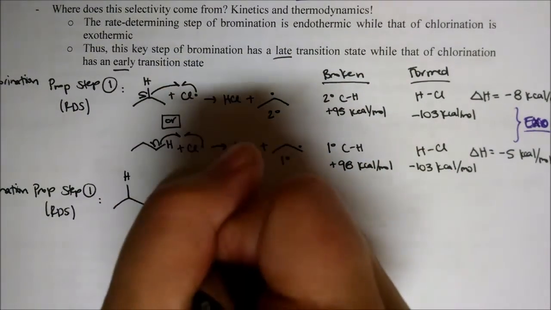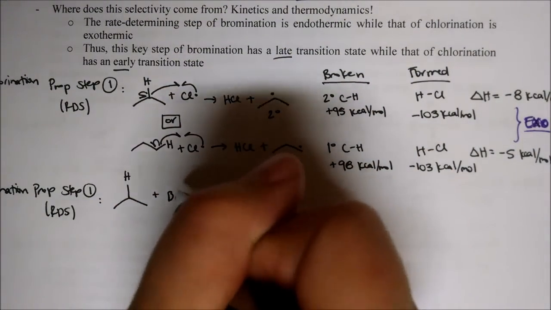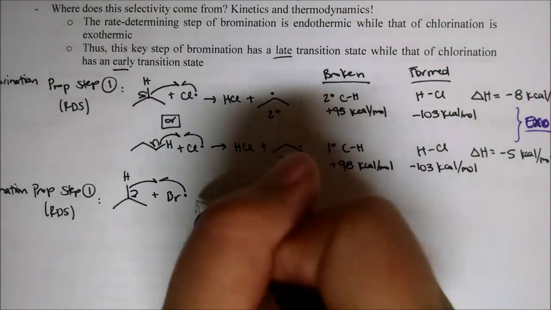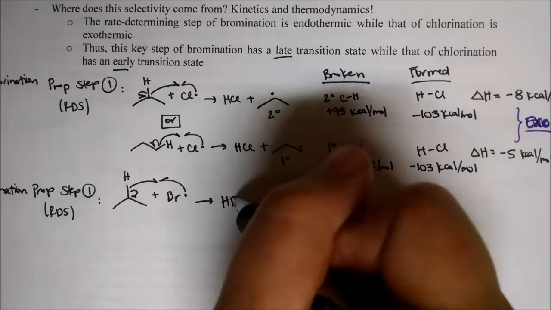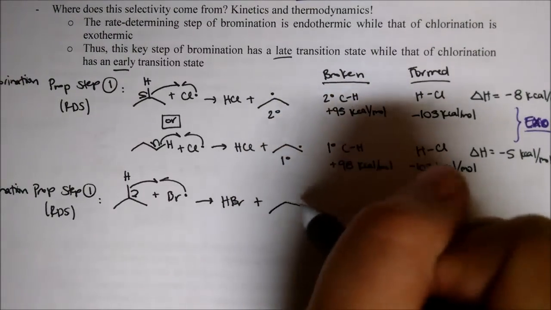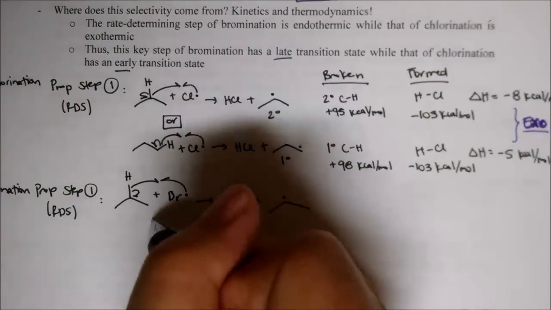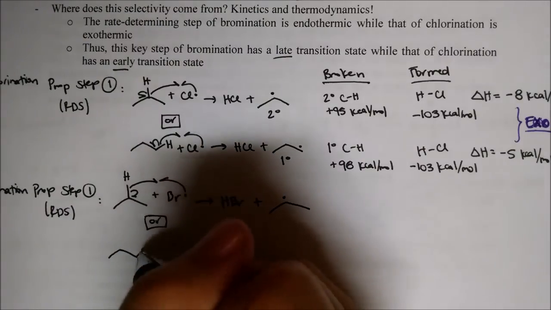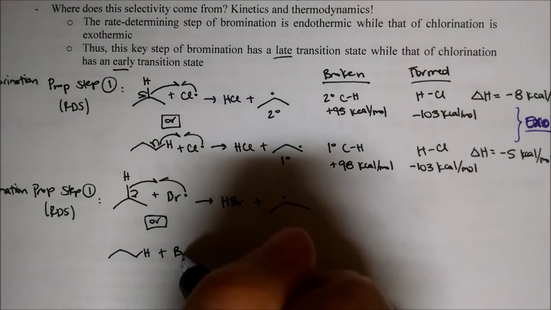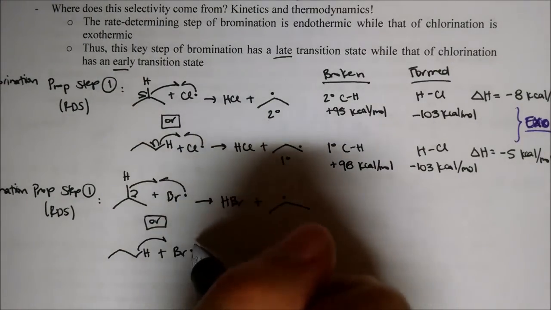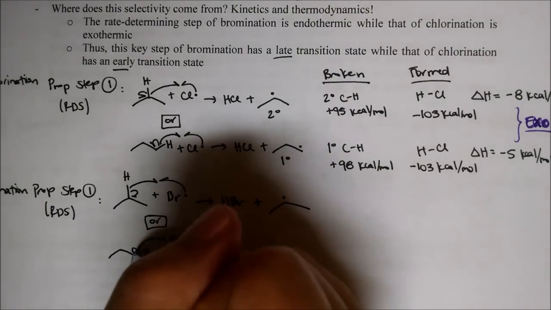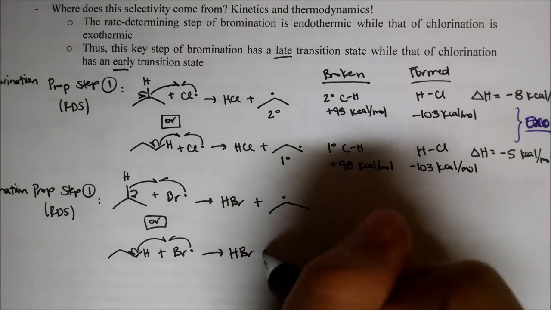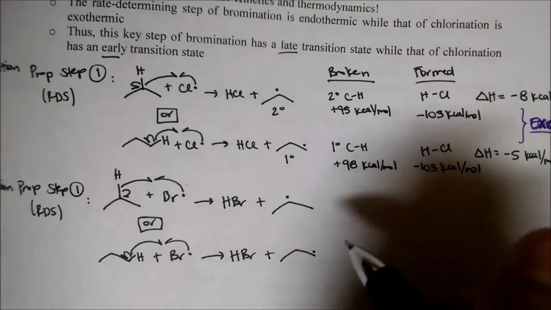This hydrogen is now reacting with a bromine dot to form HBr and a secondary radical. Or we can form the primary, reacting to form HBr plus that primary radical.